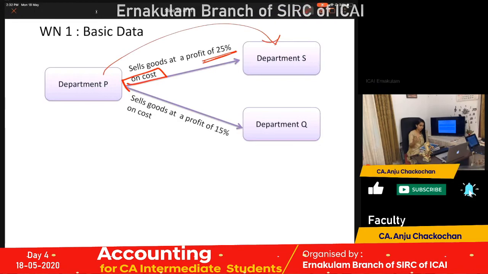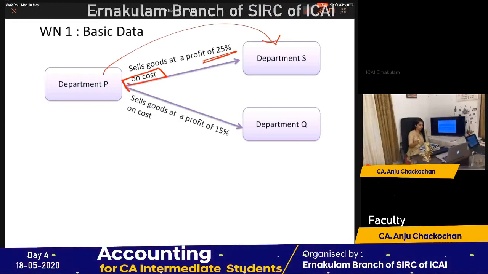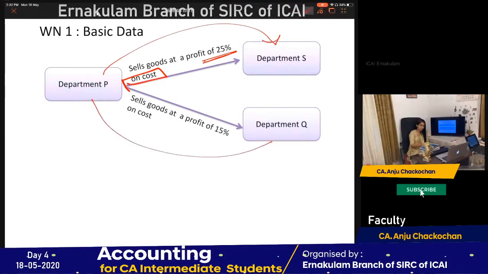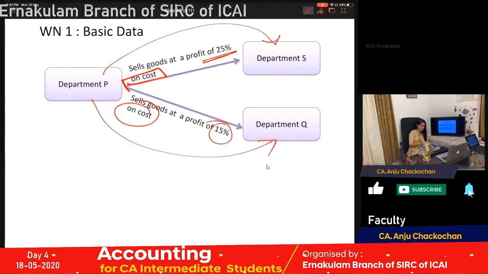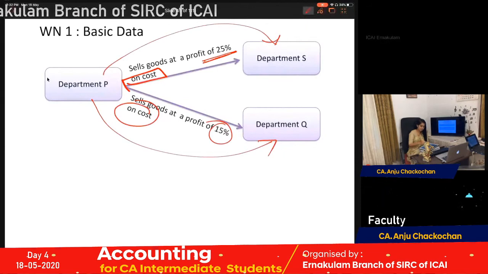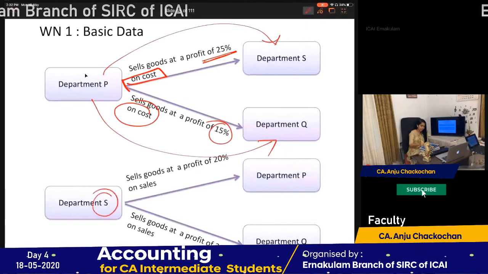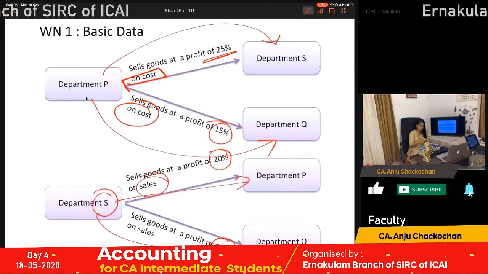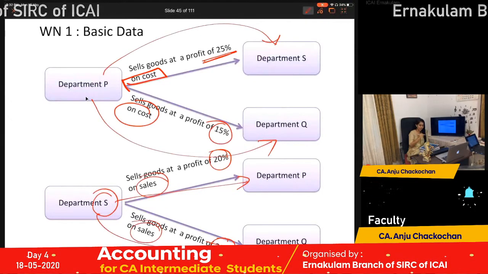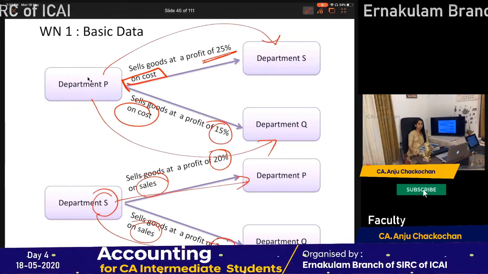These two figures are required, 25%, and that is computed on cost. Department Q took it at 15% on cost. Now let's see the rest. Department S is transferring goods to department P at 20% on sales and to Q at 30% on sales. Okay, fine. So just take down this working note, students.